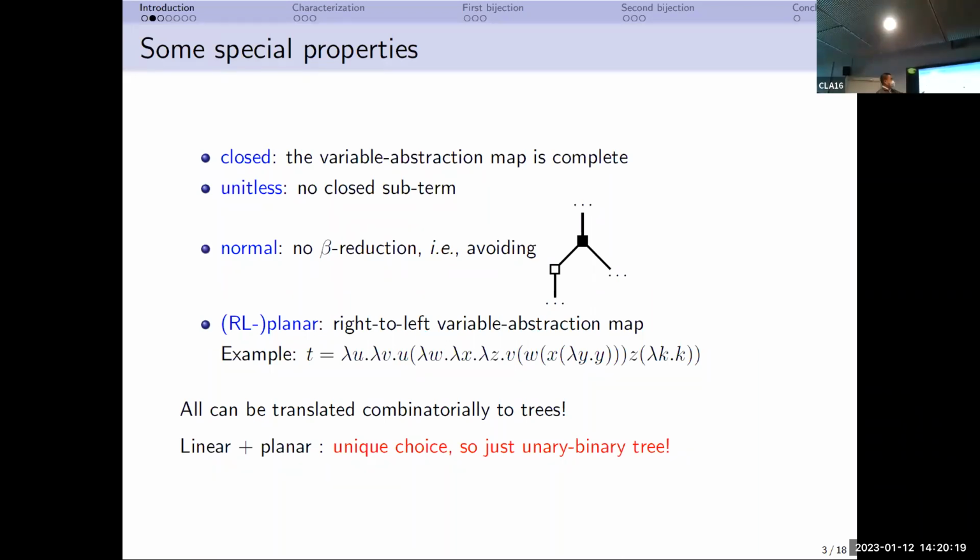it simply means that we avoid this little pattern, that is a binary node with its left child a unary node. So in this case, it's normal. And in particular, what we will be interested in in this talk are RL planar terms, or I will simply say planar terms, in which we order the variable abstraction map in a right-to-left fashion.